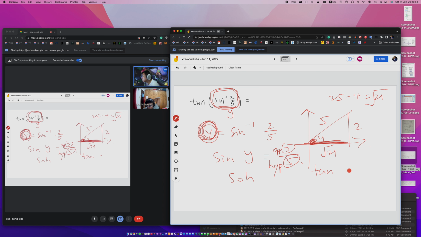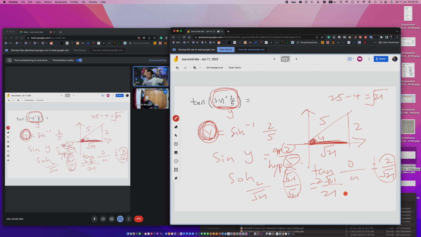So tangent y is opposite over adjacent, so it's 2 over square root 21. And by the way, you need to rationalize this. Times square root 21. Do you know why you can times the square root 21 over square root 21? Because this is 1. So therefore you get 2 square root 21 over 21.